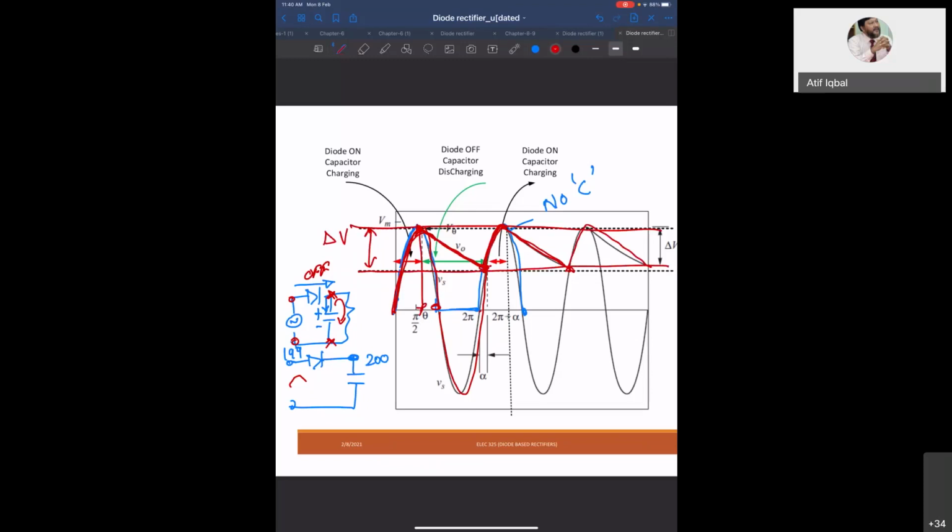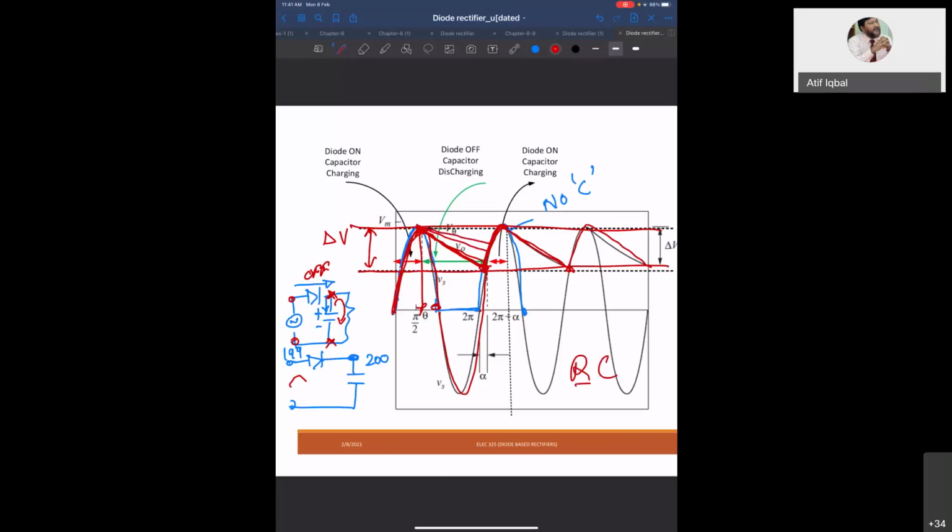Now, how much will it discharge? That depends upon the value of the capacitor and the RC circuit. Not only C, but it depends upon RC, the time constant. If the time constant is large, it will not discharge that much. If it is even larger, the discharge will be even less.